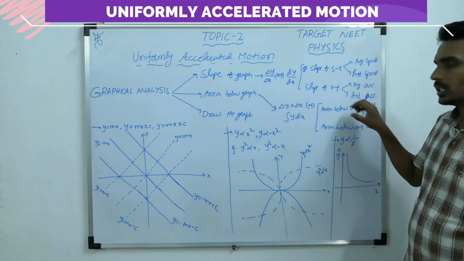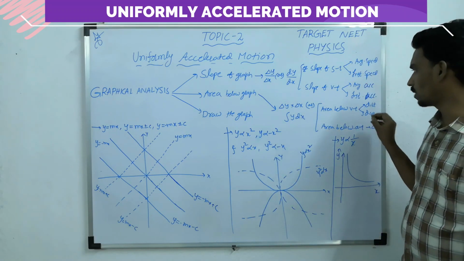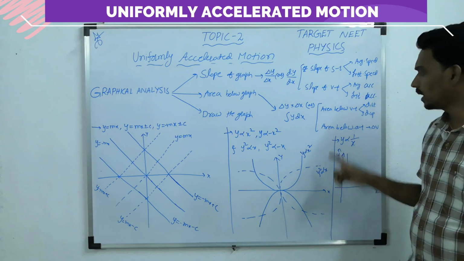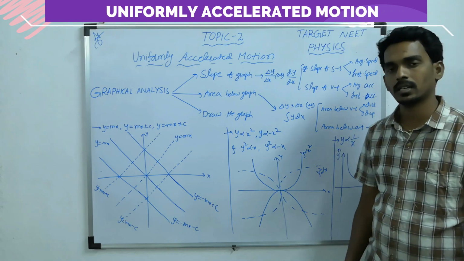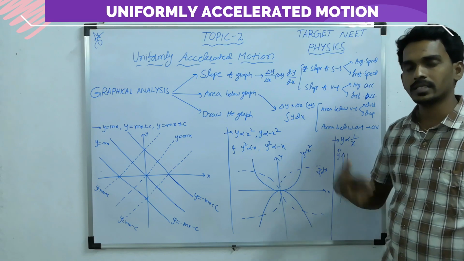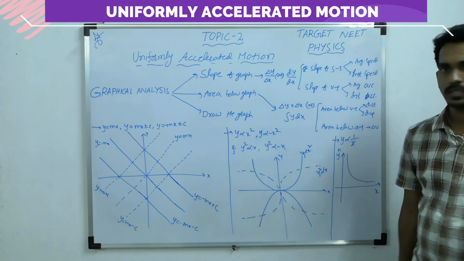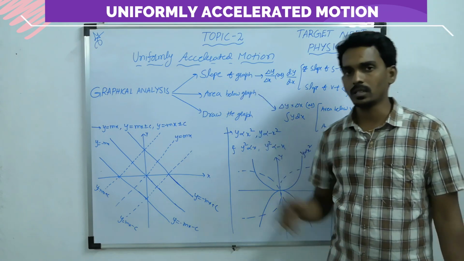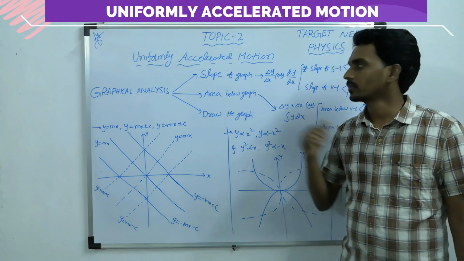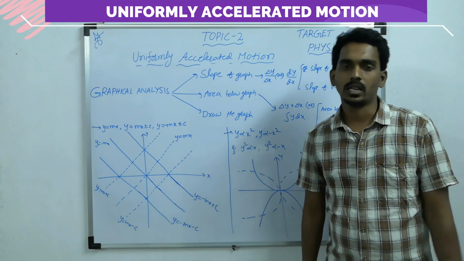That's why positive area minus negative area is equal to displacement. Similarly, the area below the a-t graph, the acceleration versus time graph, that is a into t. So what is it equal to? Change in velocity. So the second type of question you can get from the area below the graph.